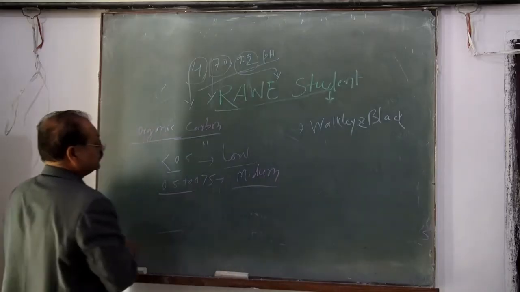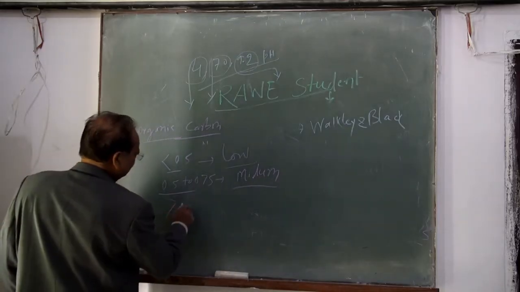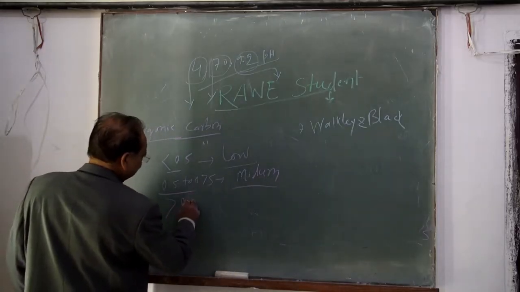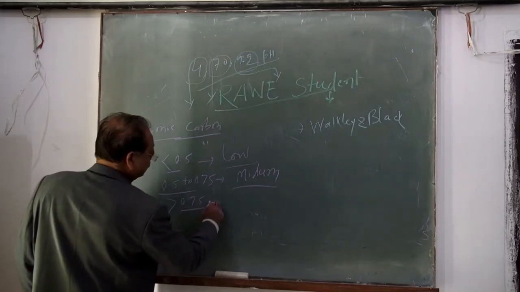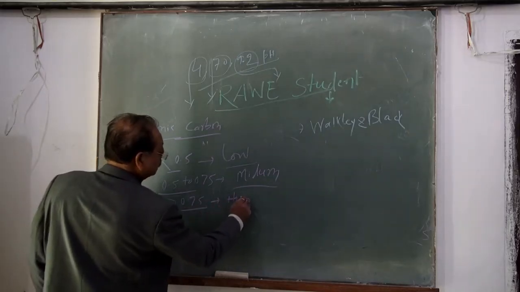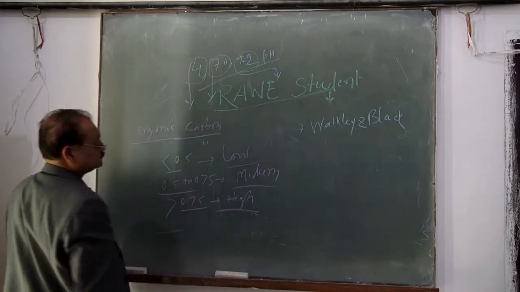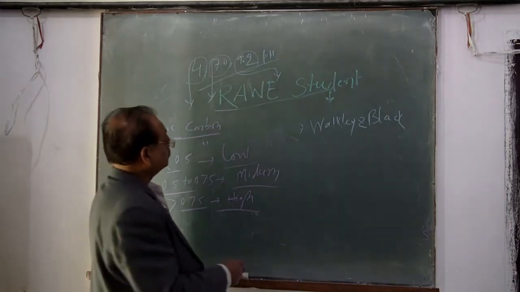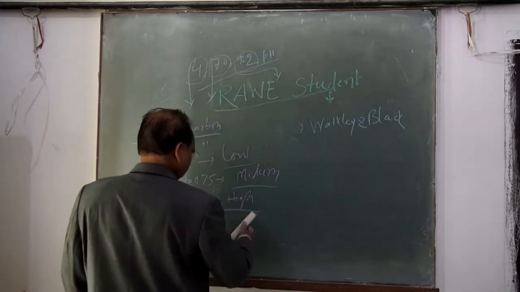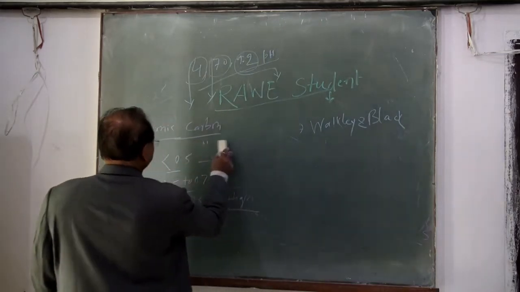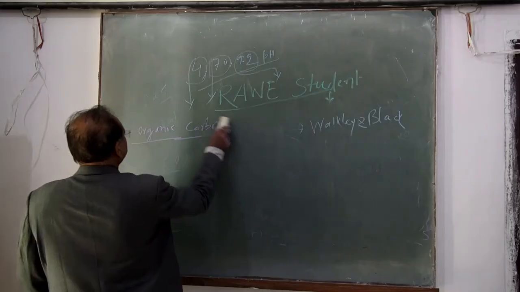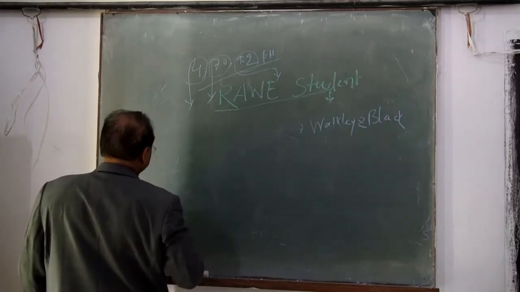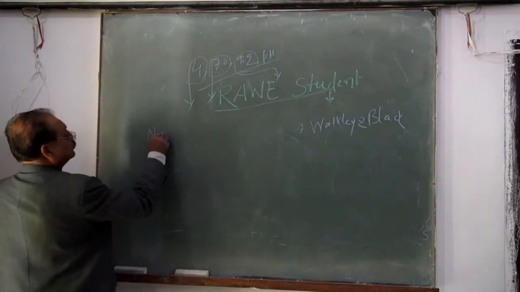Similarly, if the value of organic carbon is more than 0.75, then the status of organic carbon is high. This is the chart. Now, in the same way, nitrogen status. Nitrogen.